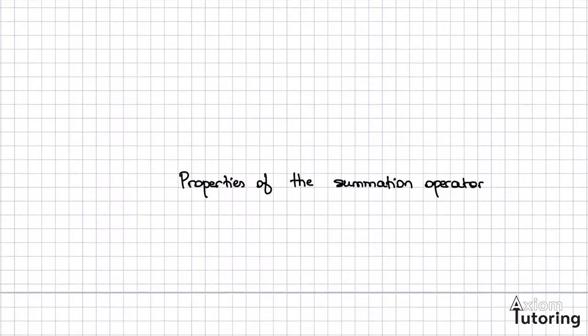That's why this video is going to be dedicated only to the properties of the summation operator. So for those of you who found it difficult to follow those videos, although the reminders were quite short, this is the video to get you to know a bit better with the summation operator and how we use it.